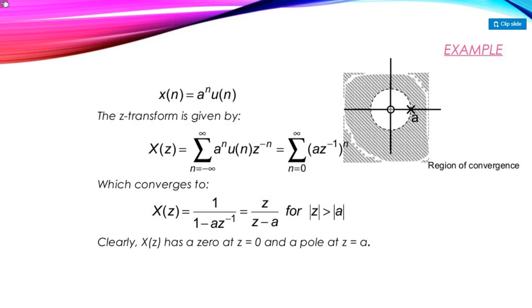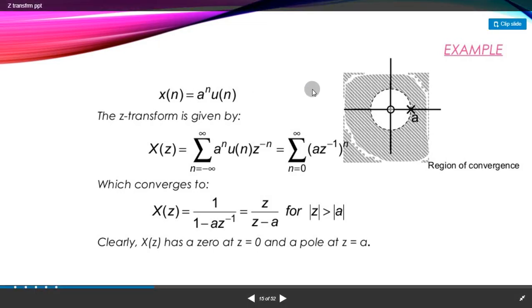The step ahead of discrete time Fourier transform is z transform, and the step ahead of continuous time Fourier transform is Laplace transform. In case of Laplace transform, we use sigma plus j omega. In case of z transform, we use region of convergence, which is bounded by the poles, because it doesn't converge at poles, but it converges at 0. So from this example we could understand easily how it works practically.